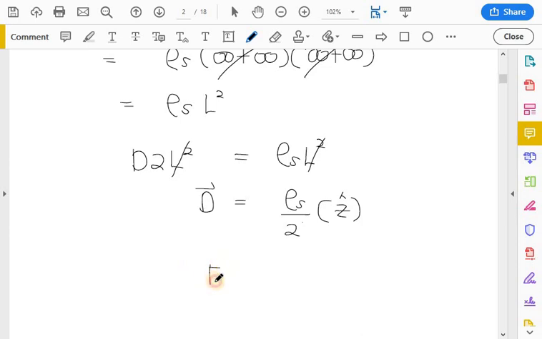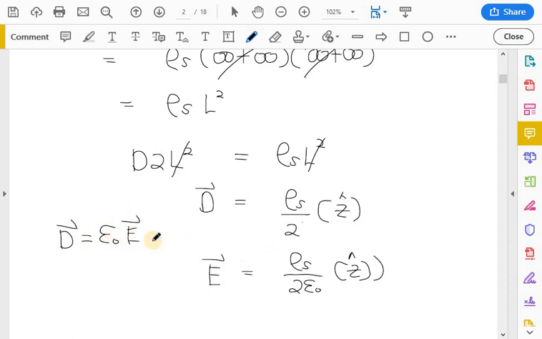And for the E, it will be rho s over 2 epsilon naught. So from the D, we can get the E because of this relationship. You should bear this relationship in your mind, don't forget it. After you get the D, you get the E. So we get the same equation as what we have learned from Coulomb's law.